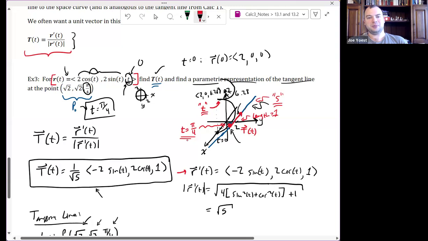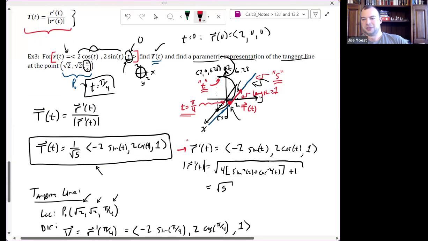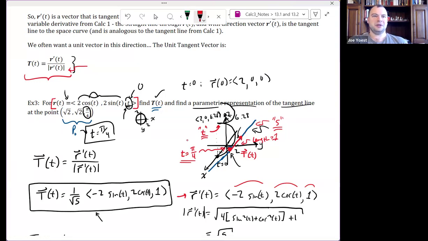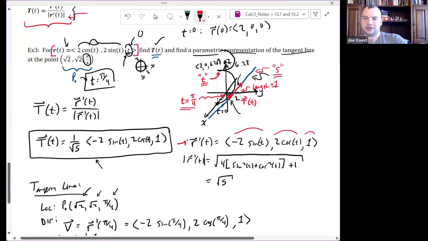So we first found R prime, which was negative 2 sine t, 2 cos t, 1. And then that's what we're interested in finding the length of. So to find the unit tangent vector, we want it to basically just be like R prime, but then make it a unit vector. So when I found the length down here, I actually found the length of R prime. So just a note on that.